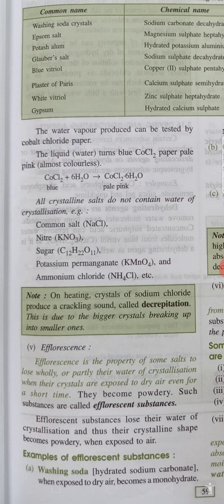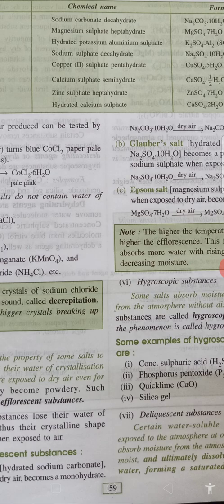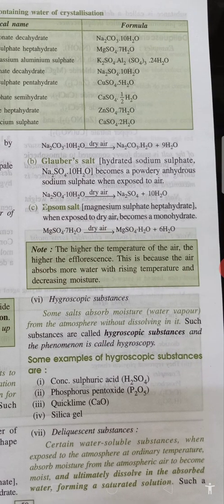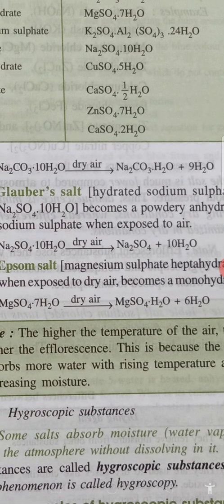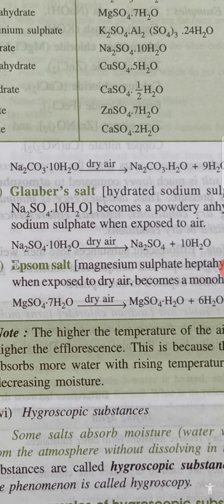And some examples of efflorescent substances are washing soda, that is hydrated sodium carbonate. When exposed to dry air it becomes monohydrate sodium carbonate, that is Na2CO3·10H2O. In dry air, children, it loses 9 water molecules and it becomes Na2CO3·H2O, and it loses its crystalline form.